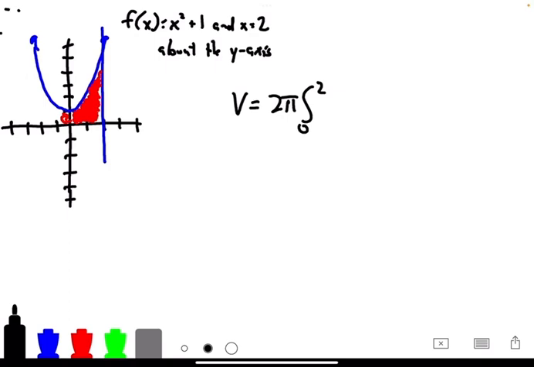And our function is x times f of x, which was x squared plus 1, dx for the antiderivative. So our next step would be to distribute. Here we will have x cubed plus x.